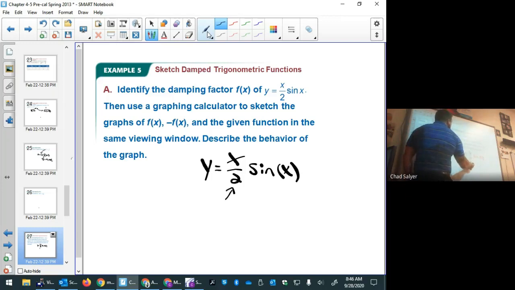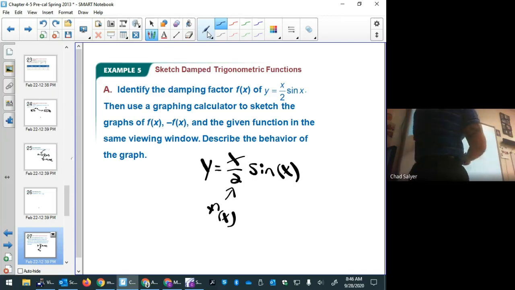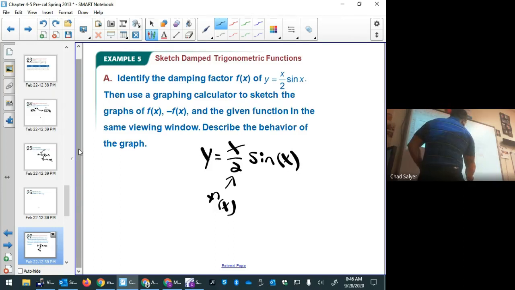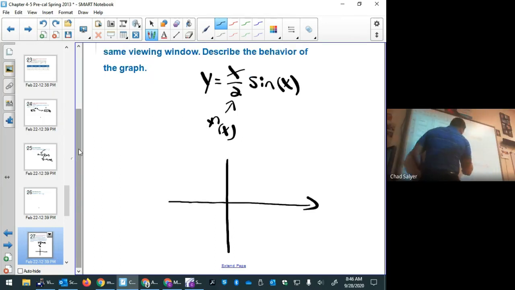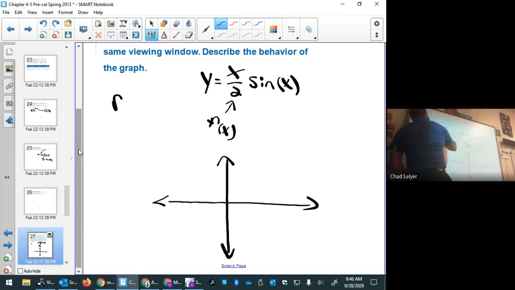So our f of x, or the dampening factor, is x over 2. And then our g of x, the trig function, is sine of x. A good way to get a sketch of these is to graph both the positive and negative f of x. So we're going to graph f of x and negative f of x.